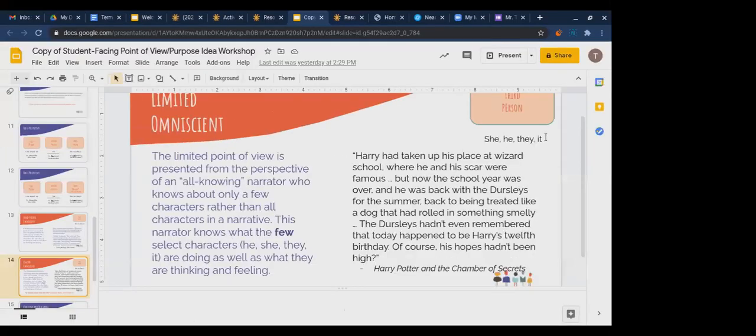If we wanted to take this excerpt and take it from limited omniscient to regular omniscient, what would we have to change? The feelings of Harry. Of Harry or of somebody else?